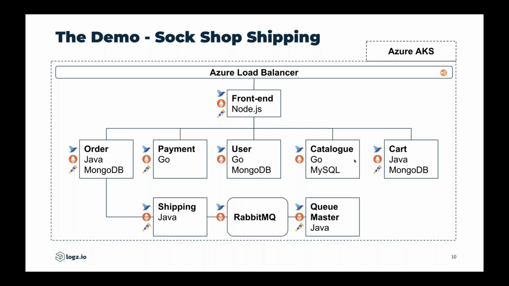And lastly, we use OpenTelemetry to transfer application spans that provide distributed tracing visibility. All is done through the Logz.io observability platform that supports these three types of telemetry data. Let's move to the demo itself.